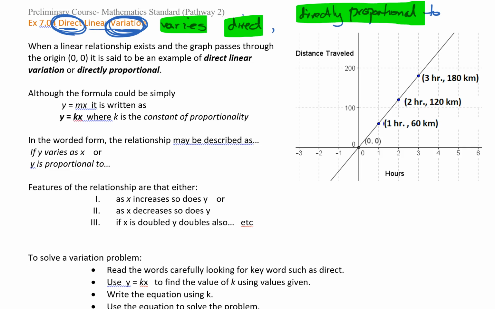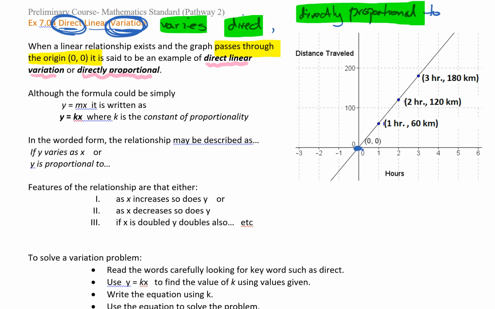So when a question has direct linear variation or directly proportional in it, we know that the graph passes through, let me highlight this, whoops, that's not highlighting. So you can see there it says the graph passes through the origin, passes through this point, 0, 0.